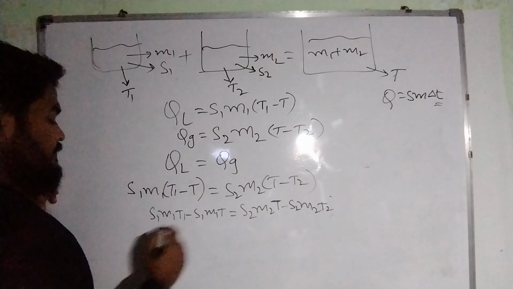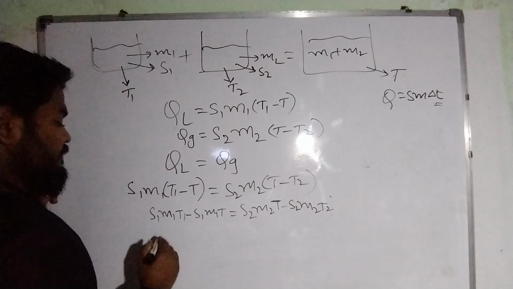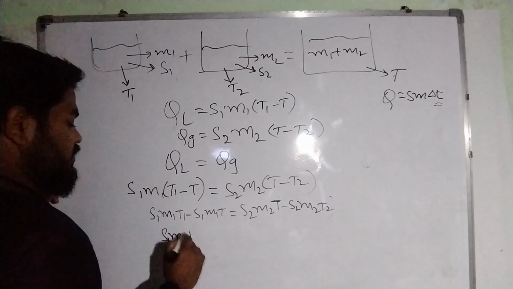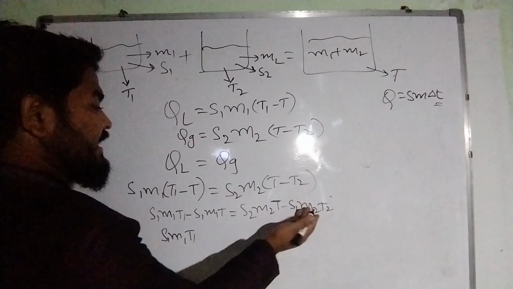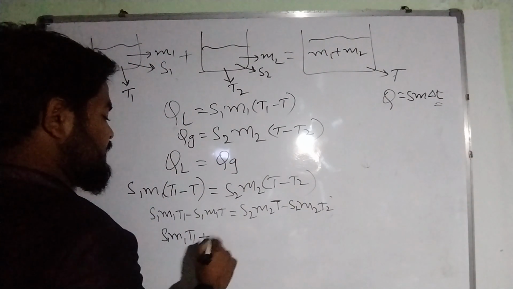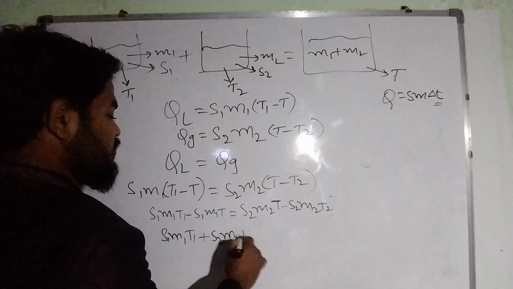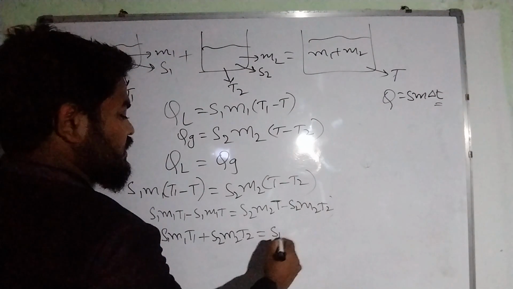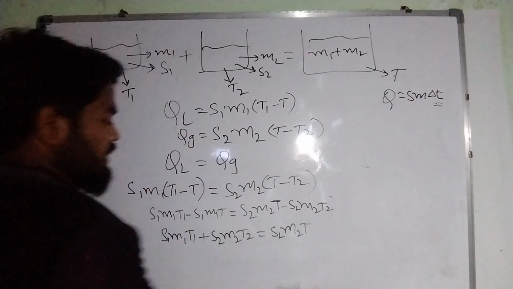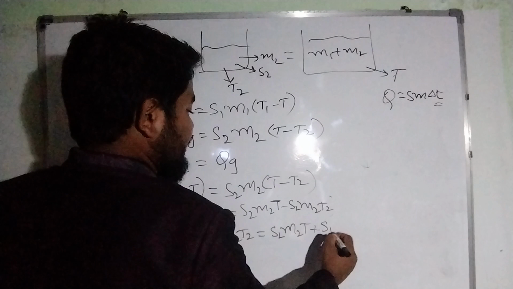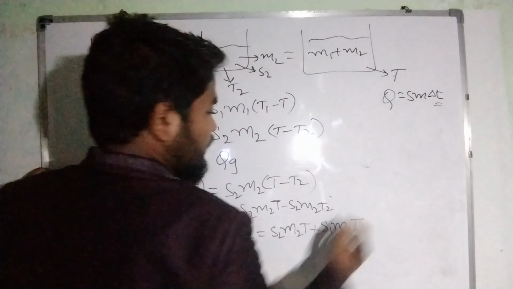Now what happens? Taking this term to this side, S1 M1 T1 plus S2 M2 T2 equals S2 M2 T plus S1 M1 T, right?